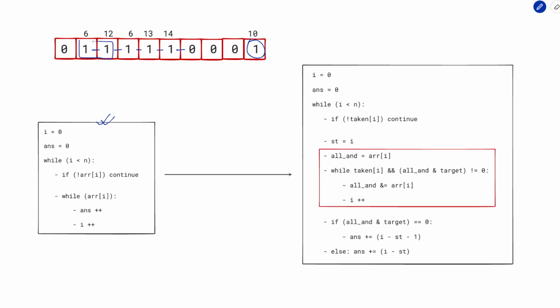1 and 1 is not actually 1 because it's actually something else, right? So that's where we have done the exact same thing. The only difference here is we also have this AND value with us. So we keep on calculating the AND value until the target, until we get 0. Target is basically all the bits that we are trying to set.